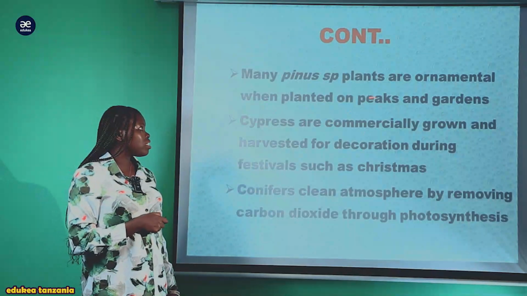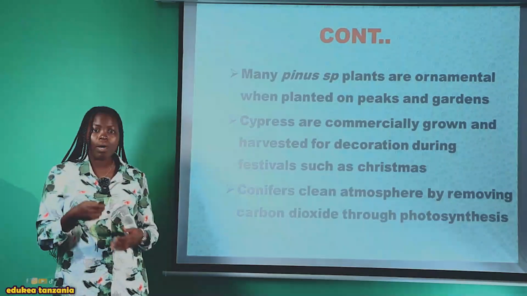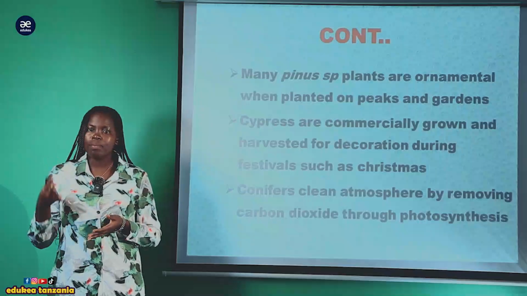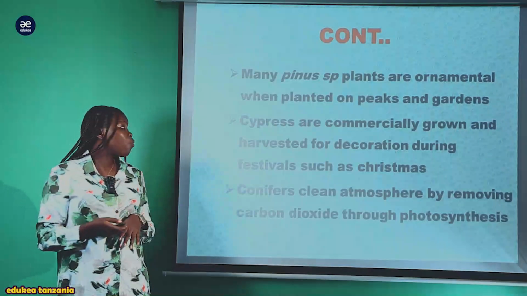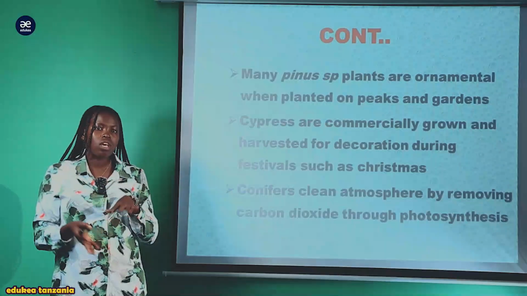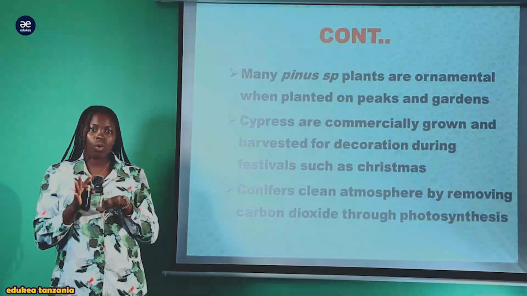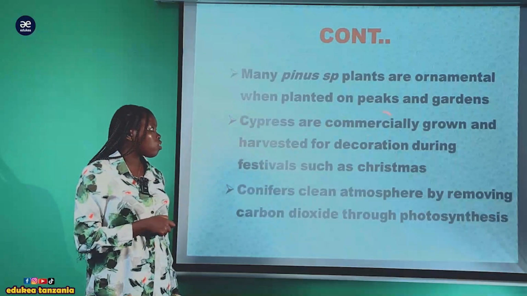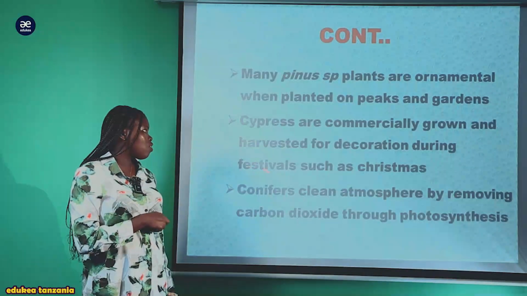Just take an example, those were Christmas, how it looks like. Also cypress are commercially grown and harvested for decoration during festivals such as Christmas. Cypress one of the Christmas trees ambao inapandwa kwa ajili ya biashara na inakuwa inavunwa sana sana kipindi cha sikukuu kama Christmas kwa ajili ya kuwa kivutio au kama urembo.